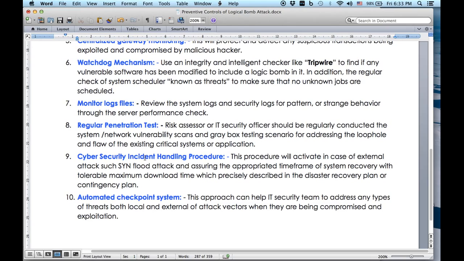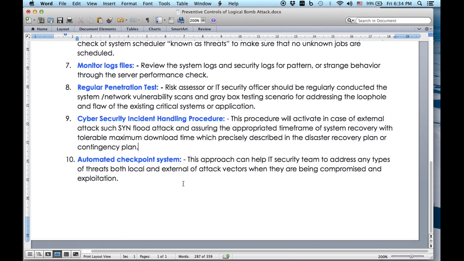So the procedure will describe what activities can recover the critical system within the acceptable timeline, presented properly in the MTD, maximum tolerable downtime, to ensure that the business can resume within a certain period of the recovery plan. So the system recovery or contingency plan needs to ensure that the plan includes incident security handling to provide for the specific kind of attack from external factors.